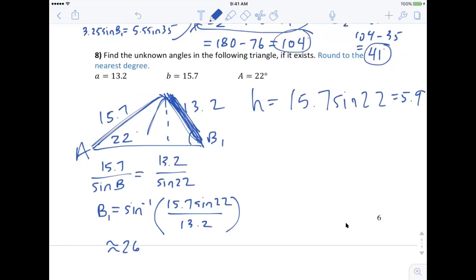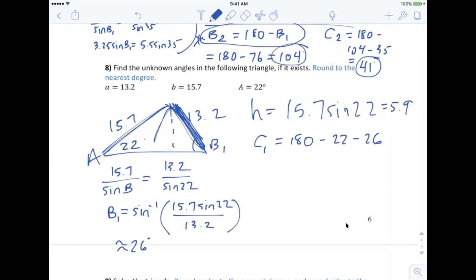So that's B sub 1, 26. Okay, and then C sub 1 is 180 rule. We're going to get 132 for the C.